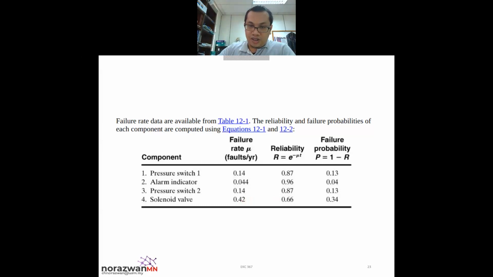So you have your R from the basic equation, and also your P. Now can you proceed to calculate mu for the whole system, P, R, and also MTBF? Can you try? If you don't know how to calculate, you can ask.